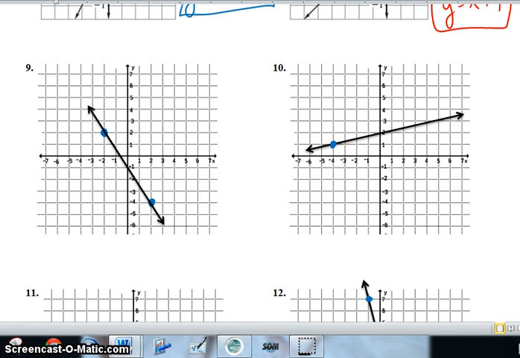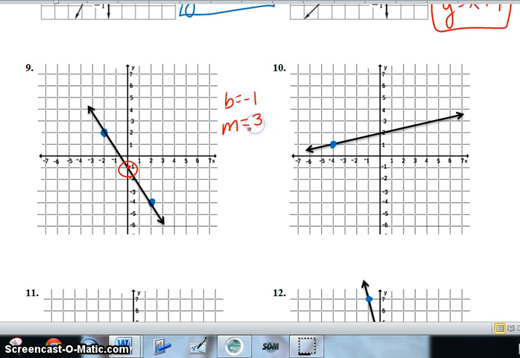Number 9, look to see where the graph intersects the y-axis. It's right here. It intersects the y-axis at -1. So that means our b value will be -1. Our slope, if we pick this point and move to our other point, we're going 1, 2, 3 up, but to the left, 1, 2.